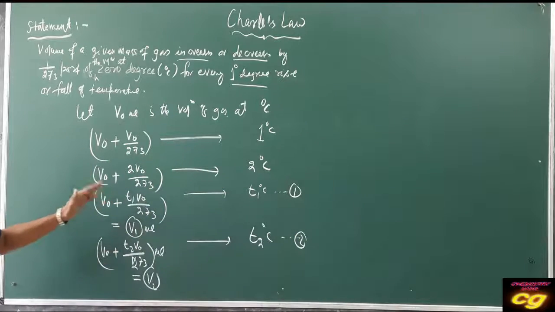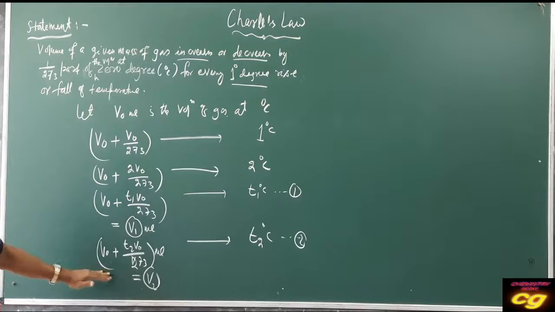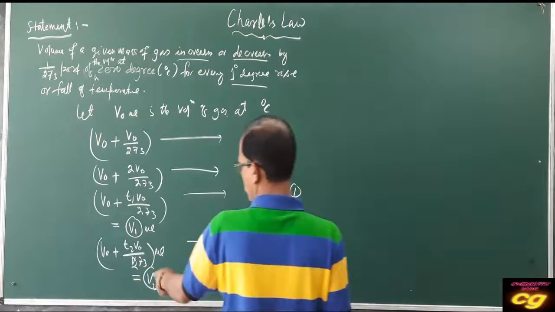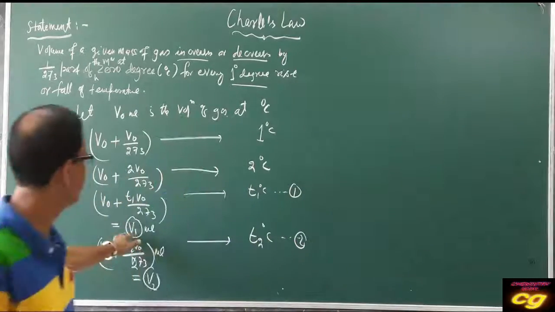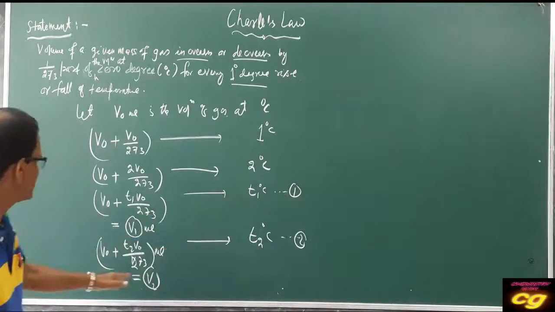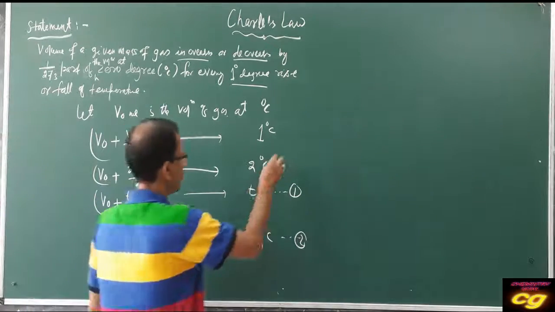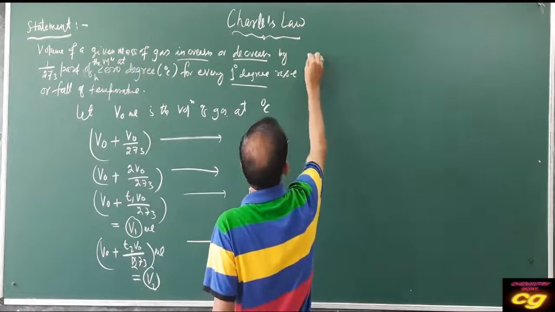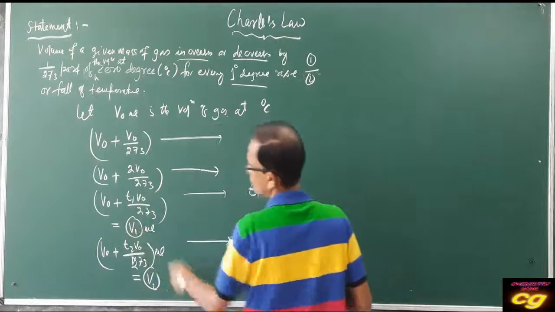This is the volume of the gas at T1 degree Celsius, and this is the volume of gas at T2 degree Celsius. So here this is V1, the volume at T1 degree Celsius, and this is V2, the volume at T2 degree Celsius. If we divide equation 1 by equation 2, what will we get?